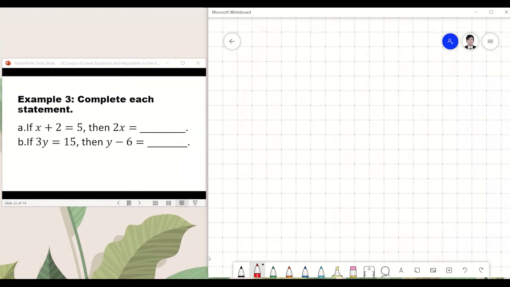So for B, the given is, what if 3y is equal to 15? Then kapag meron na tayong y, ano ba daw yung value kapag isa-subtract natin siya by 6? So, we start by solving for y and our 3y is equal to 15.